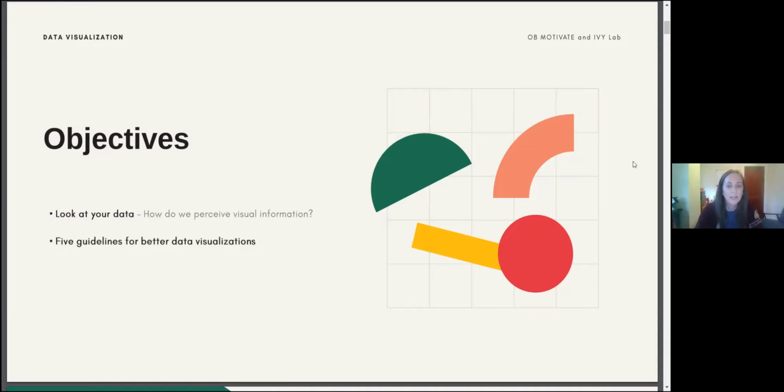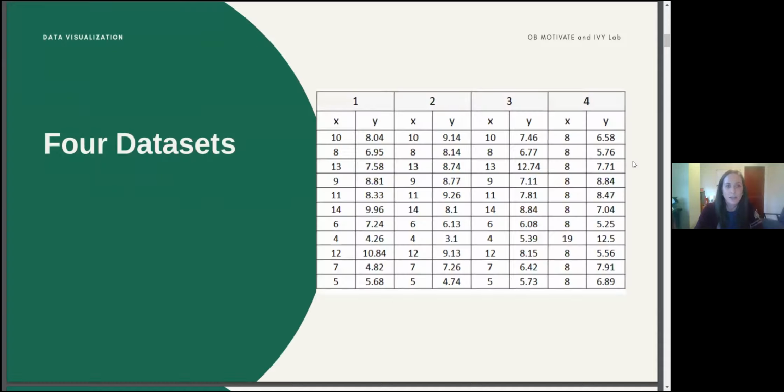So to start out, I'd like to share an example that would come up during the analysis phase. So these are 4 data sets that each contain 2 variables, an X and a Y. And by looking at the data, you can tell that each of the 4 data sets has an X variable that is comprised of integers, and the Y variable are all continuous.